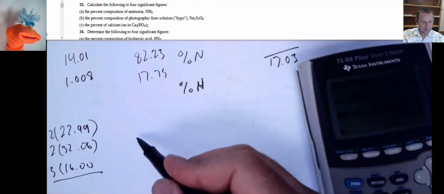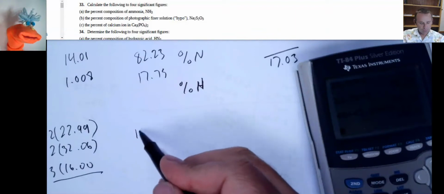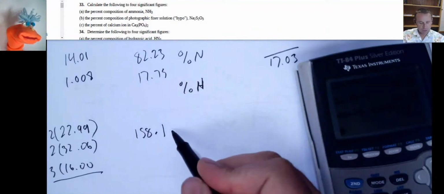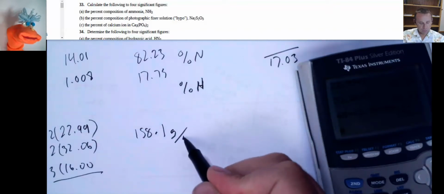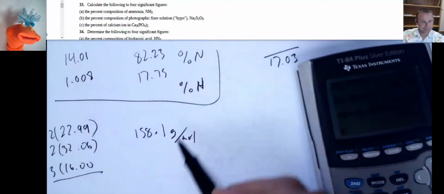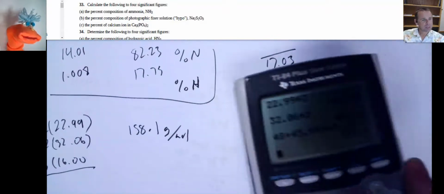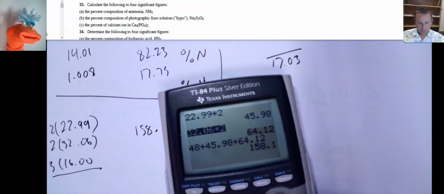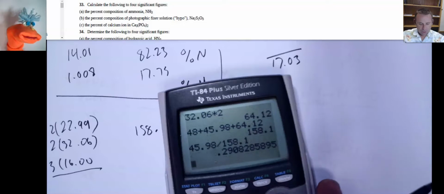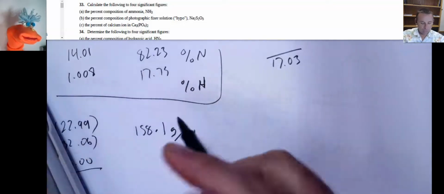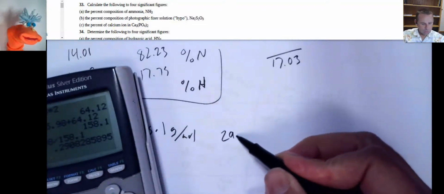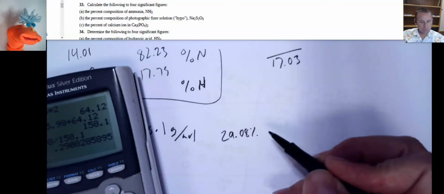158.1, that's our 4 significant digits, grams per mole for the whole compound. And to get the percent sodium, I take my 45.98 divided by that one there. So it's 29.08% sodium.